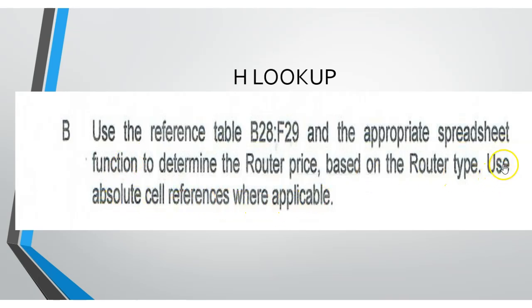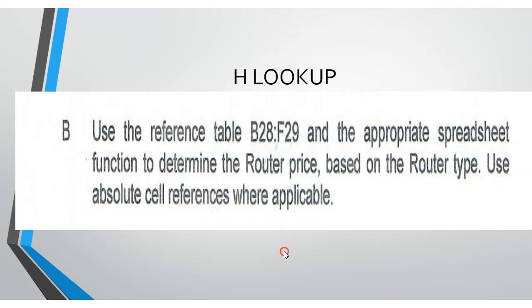Now here they're specifically speaking of absolute cell references. Why? Because in the previous question they said give the table a range name, so that kind of cancelled out the absolute cell referencing. But in this case they specifically, and this is also what you're going to get marks for, they're going to look for, did the student apply absolute cell referencing?